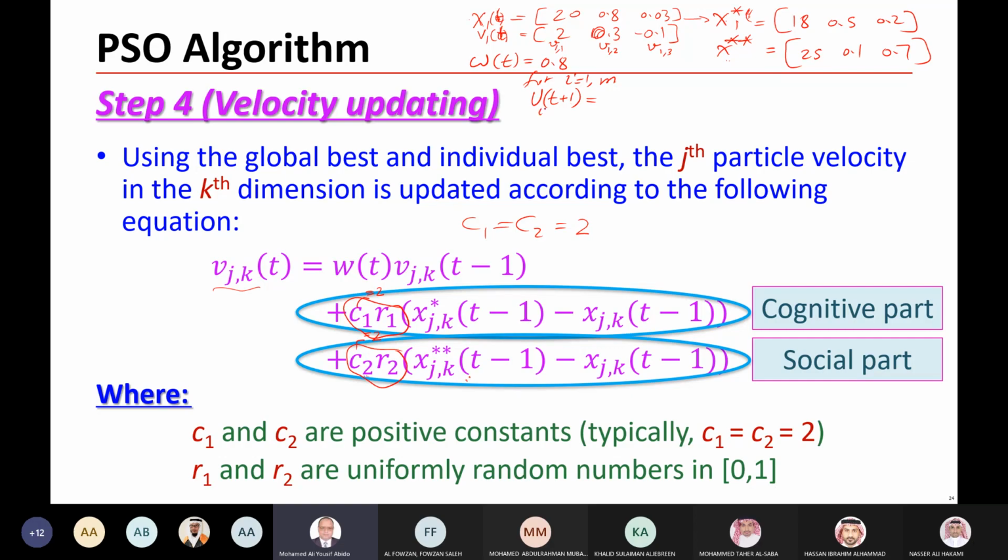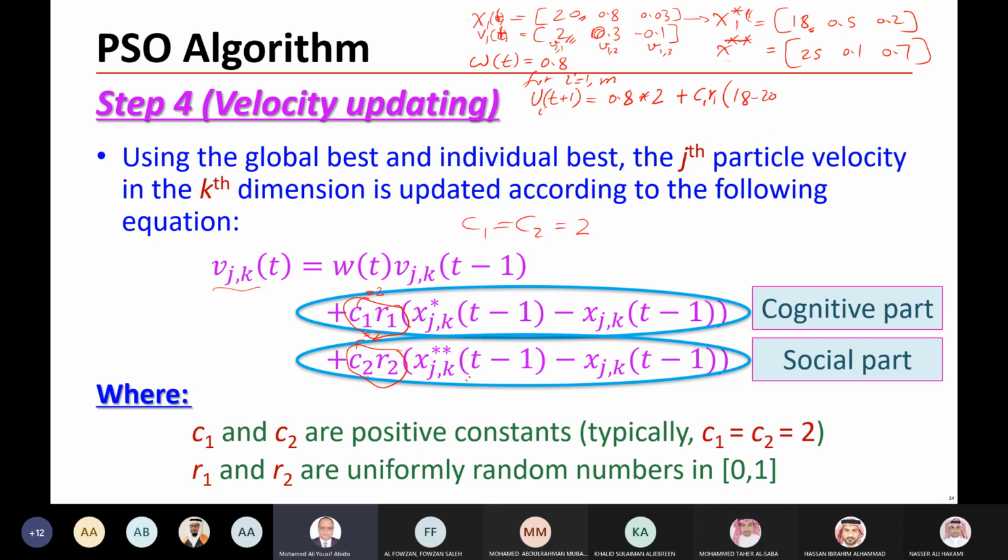You have here, for m, vi of t plus 1 equal to 0.8 multiplied by the old velocity. This is the first part, plus C1 R1 multiplied by the best position, which is 18, minus the current position, which is 20.